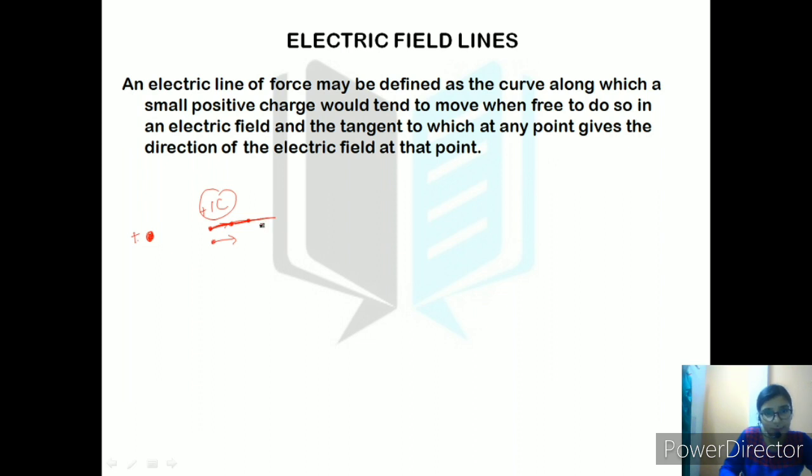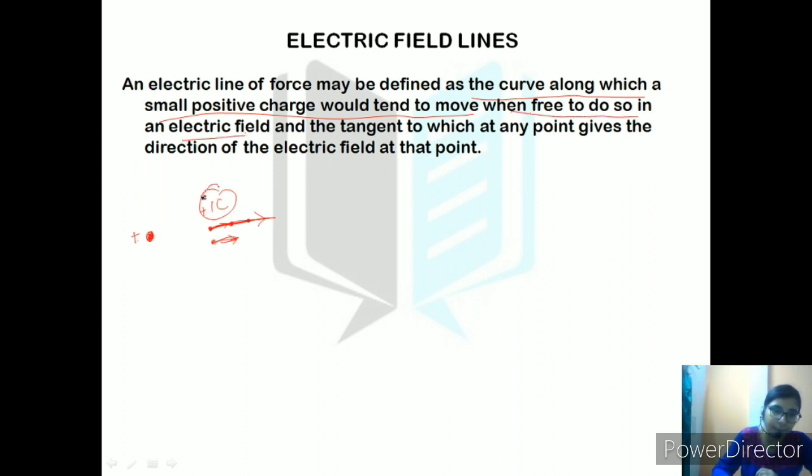That imaginary curve is called electric lines of force, and the arrow sign here gives the direction of the motion, direction in which it is trying to move. Okay, so here its definition, first line says what? Electric lines of force are defined as the curve along which a small positive charge would tend to move when free to do so in the electric field.